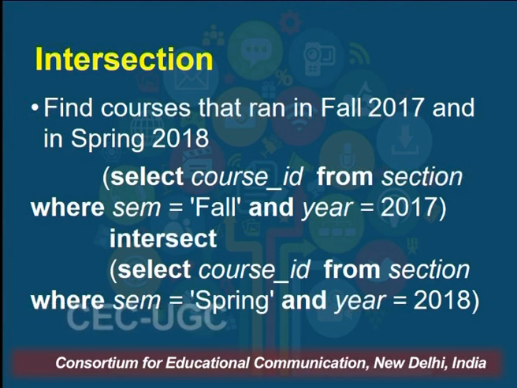So, we will be writing select course ID from section where SEM equals fall and year equals 2017. This query is written in brackets, intersect select course ID from section where SEM equals spring and year equals 2018.